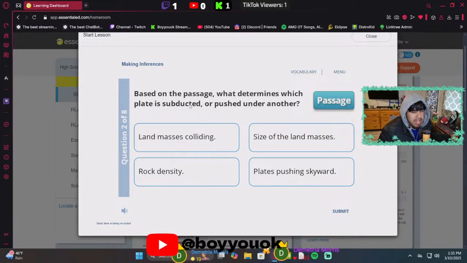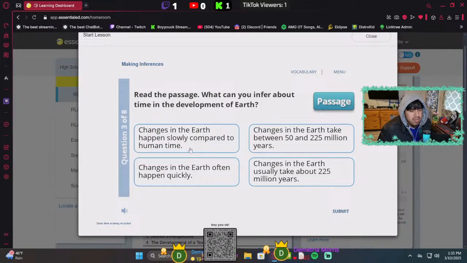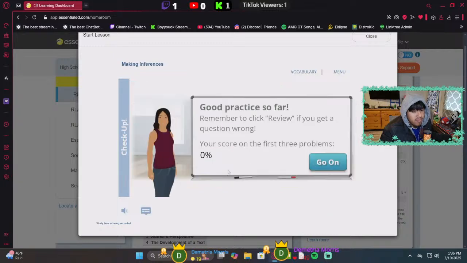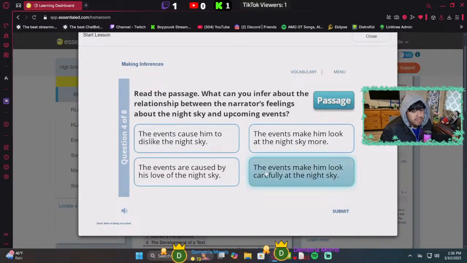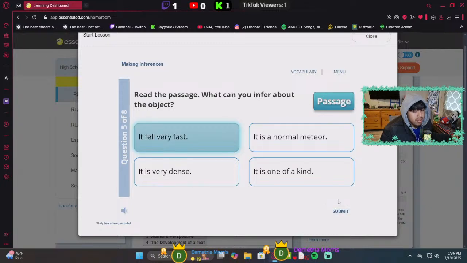I knew it. Based on the passage which determines the plate is submerged over another. Rock density, go crazy. Read the passage. What can you infer about the time and deployment of Earth? I'll say 225 million. You might not have. Just like Sky Night.